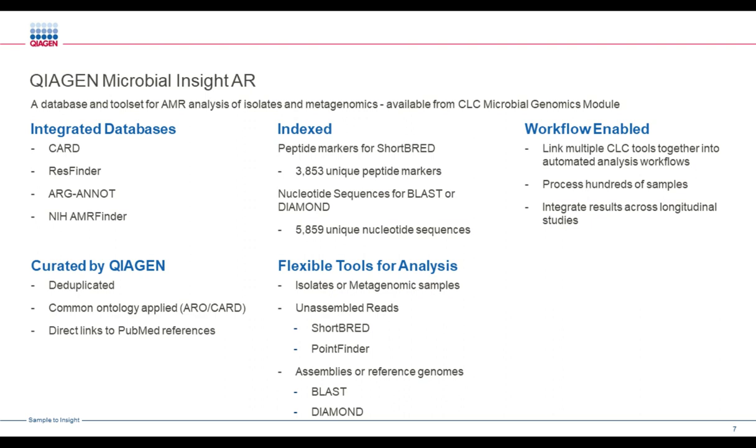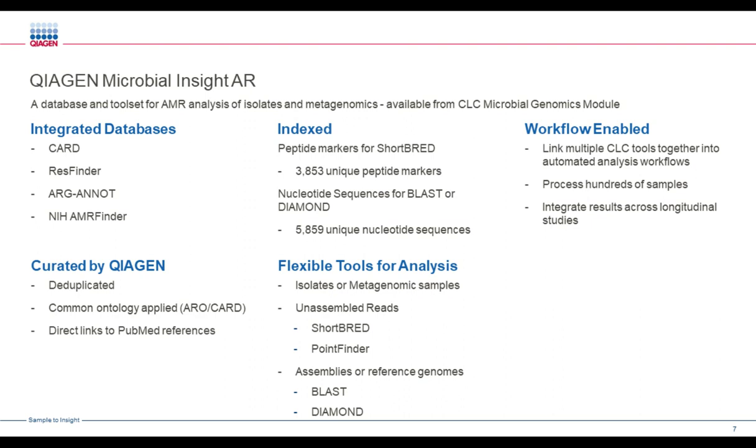We also provide direct links out to PubMed references for all of the entries within QMI AR so that you can backtrack to the original source of why a particular marker or gene may have been included in QMI AR to begin with.